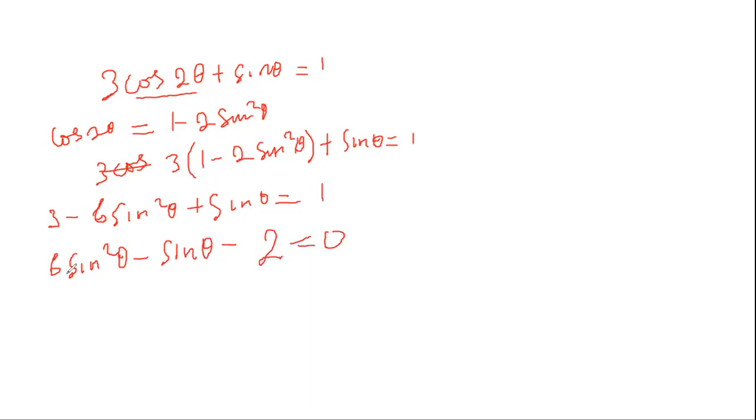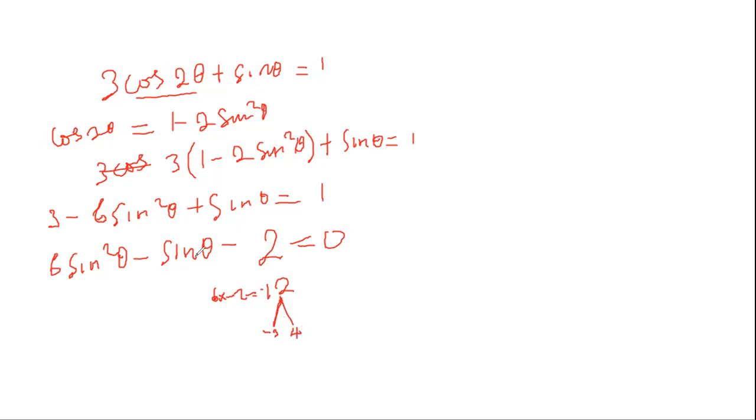So when we multiply 6 times negative 2, it will give us negative 12. We need to get two factors that we multiply to give us negative 12, and when we add them, they give us negative 1. So I think that would be negative 4 and 3.